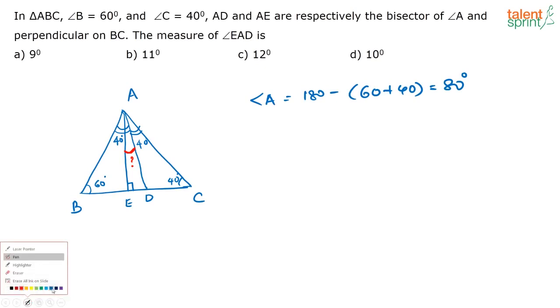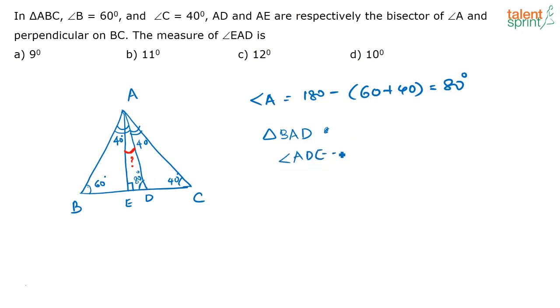To find that, first let us consider the triangle BAD. Now if you look at triangle BAD, you know this angle is 60, this angle is 40. So what is this angle? That's going to be 80 degrees, correct? So you know that in triangle BAD, angle ADE is equal to 80 degrees.